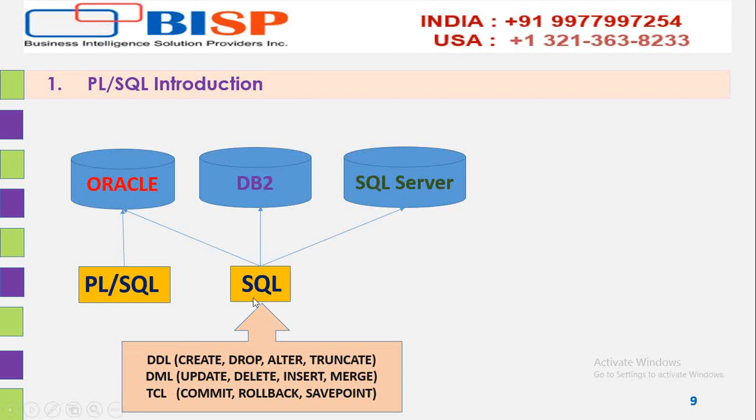So we need a programming language, if you want to process record by record or apply business rules like interest calculations. This can also be done in a SQL query itself, but the problem is everything will be in one SQL.